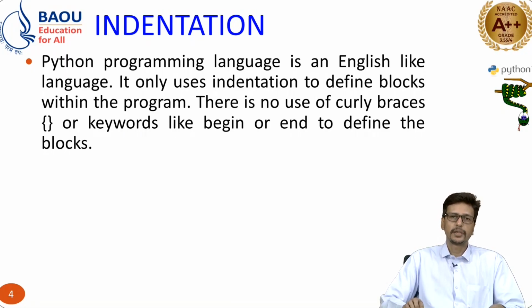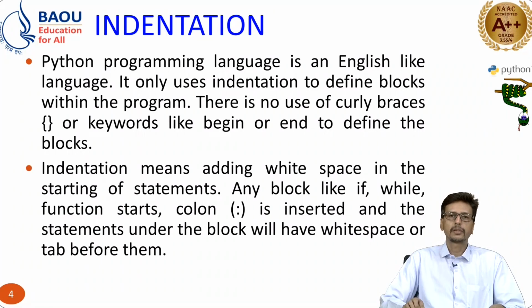Then how can you define a block that starts somewhere and ends somewhere? So here you have to use indentation. Indentation is nothing but the concept of space. Whenever you start a statement, you can leave one tab or basically 4 white spaces, and it will be considered as indentation.